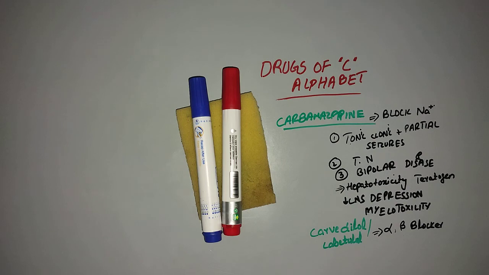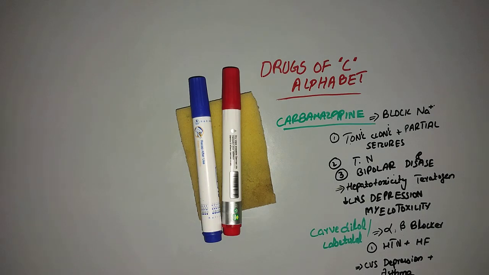They are used in the treatment of hypertension and heart failure. So their clinical uses are hypertension plus heart failure, but their toxicity is cardiovascular depression, CVS depression, and this drug when taken in large dose causes asthma.